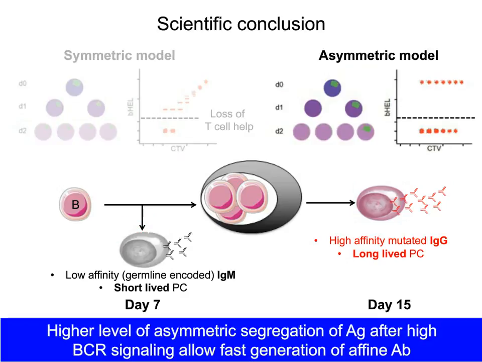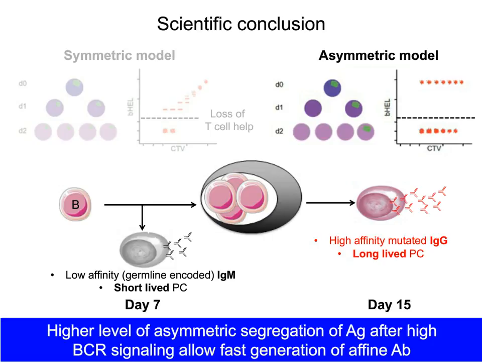In contrast, in the asymmetric model, because the high-affinity B cell has received a strong BCR signaling, it has distributed the antigen into a small number of endosomes. As a result of that, it will lead to an asymmetric segregation of antigen between daughter B cells. And this will allow generation of daughter B cells with no antigen content.